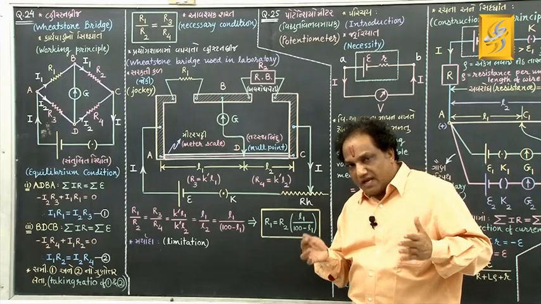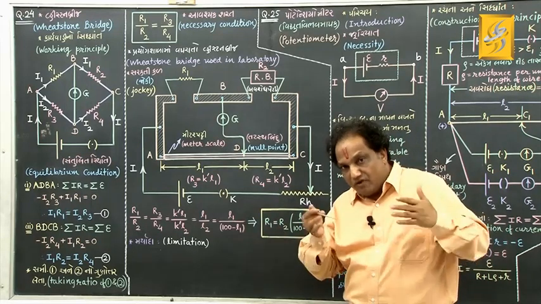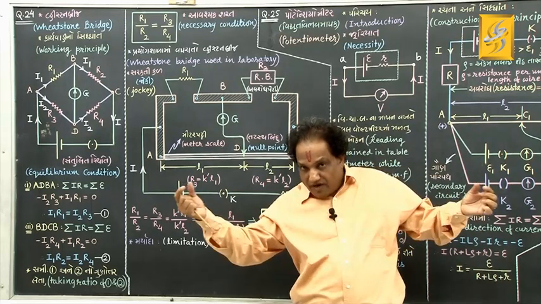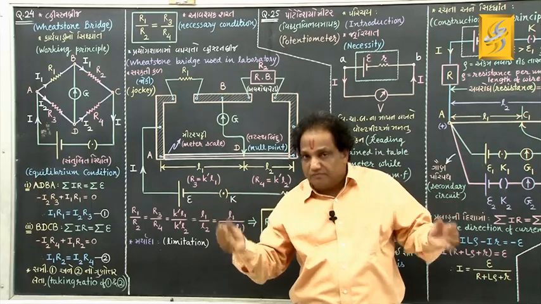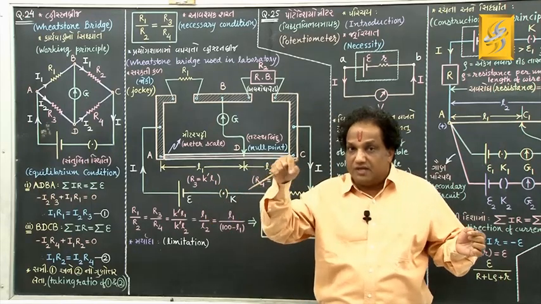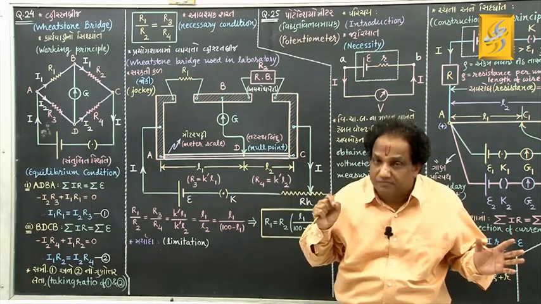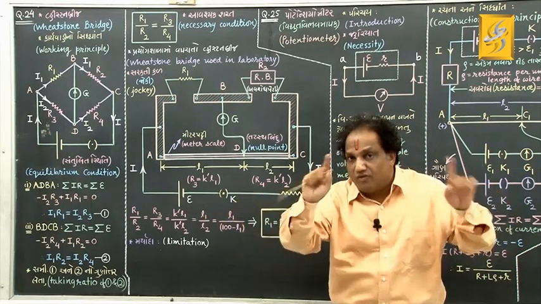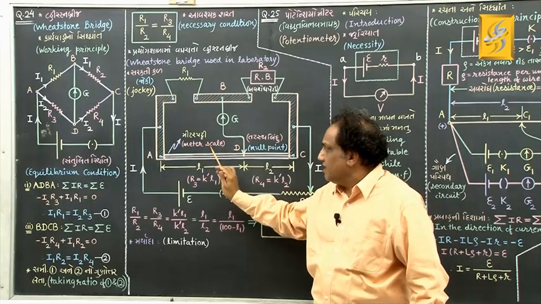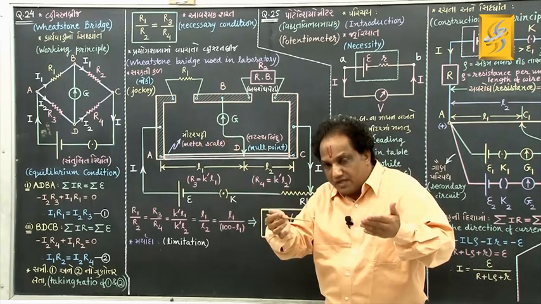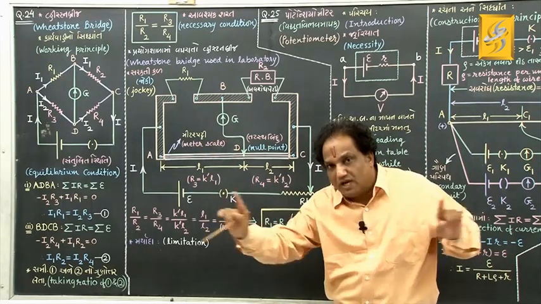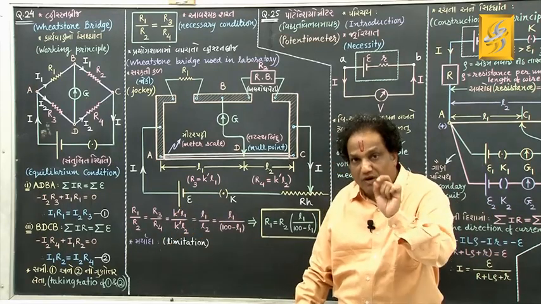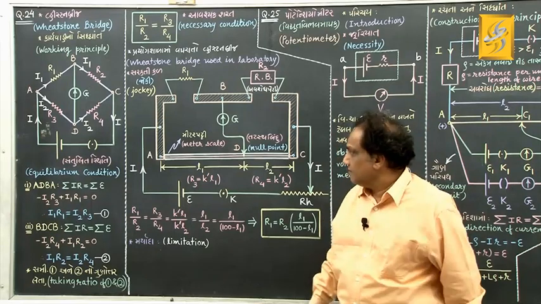To measure the length of any part of that wire, below the wire and parallel to it we keep a wooden scale, calibrated in millimeters, with length 1 meter. We call it the meter scale. You can take the reading to a minimum of 1 millimeter.